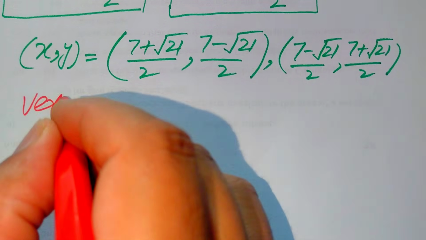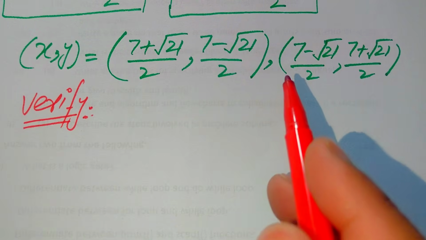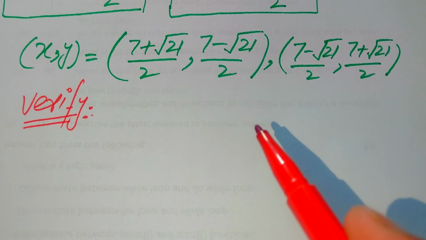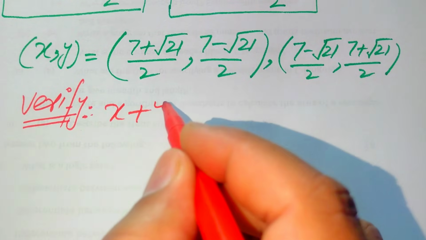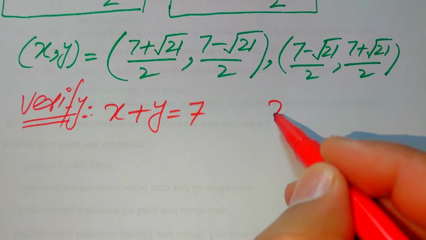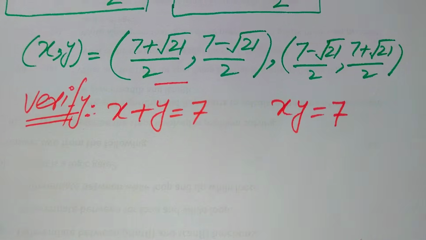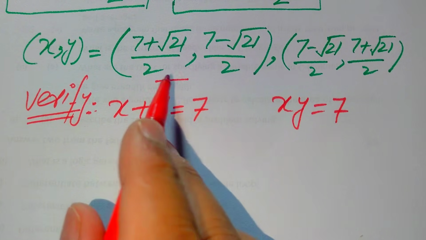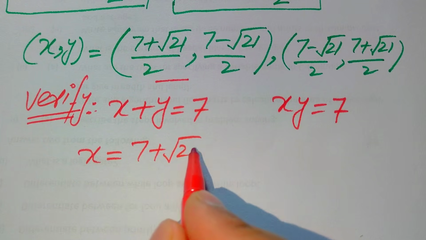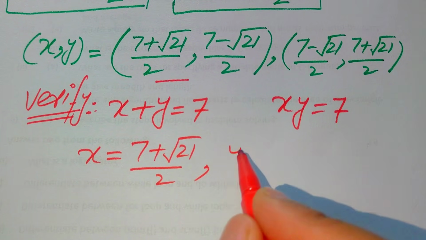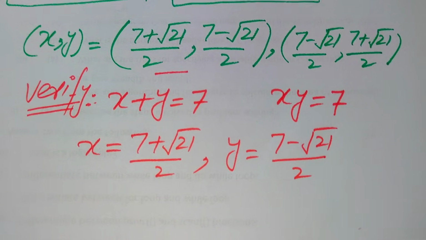Here I can verify only one ordered pair of solution, and I leave the second verification to you. For this we need to copy down the given equations here. We have two equations, x plus y equals 7 and xy equals 7. Here I choose this ordered pair, and we verify these values: the value of x is 7 plus square root of 21 divided by 2, and y equals 7 minus square root of 21, also divided by 2.